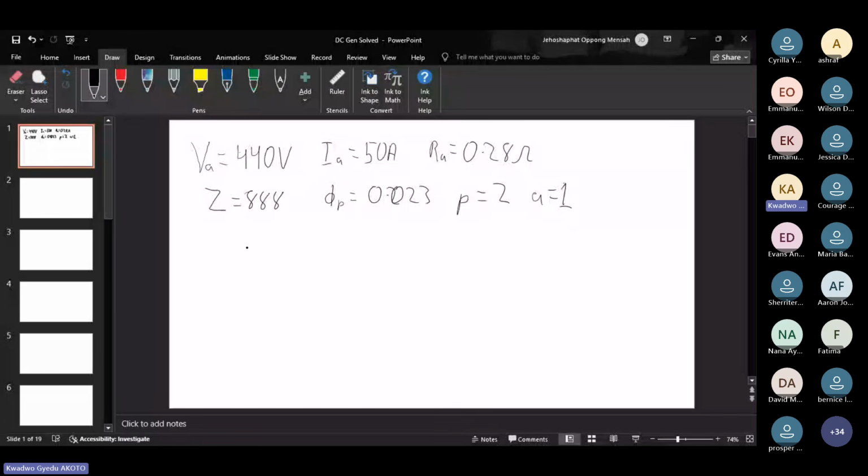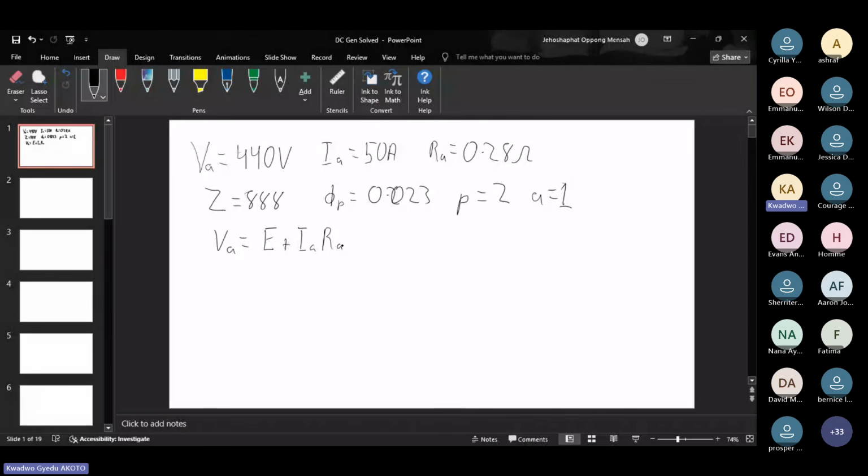So now for our motor, we know that VA is equal to E plus IA RA, right? And we've been given IA, we've been given RA, we've been given VA.